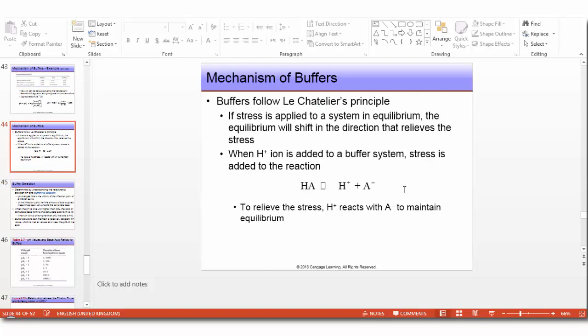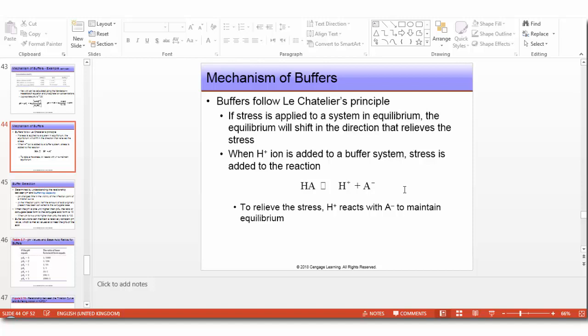Similarly, when you add OH minus, it will react with the acid in the opposite direction to form new acid, and the stress will also be relieved in a similar way as we saw for the acid.